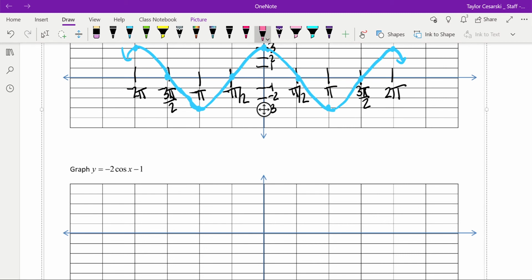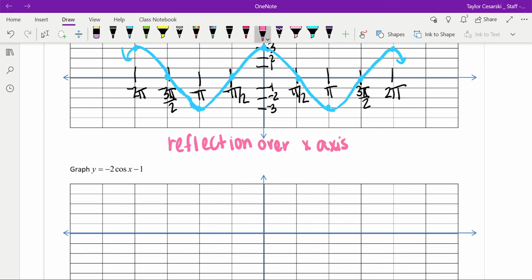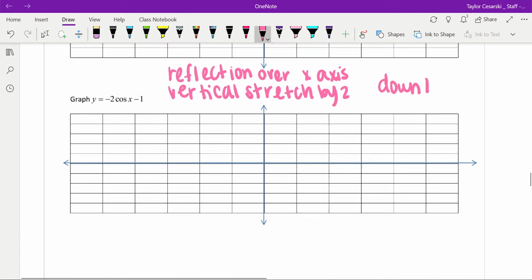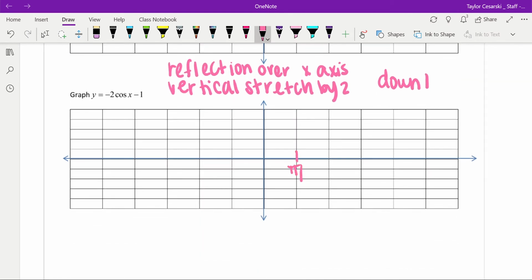So this one has a reflection over the x-axis, a vertical stretch by 2, and again that's the amplitude, and it goes down 1. So my period is still 2 pi.